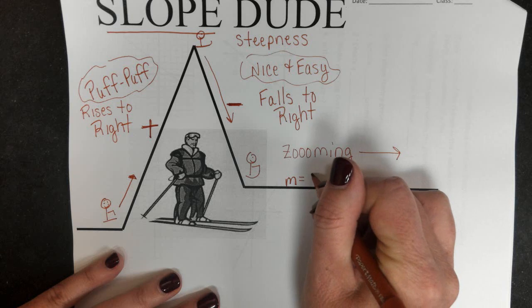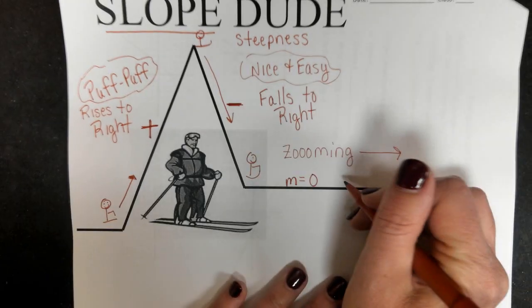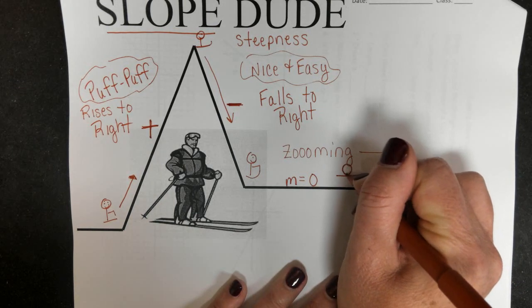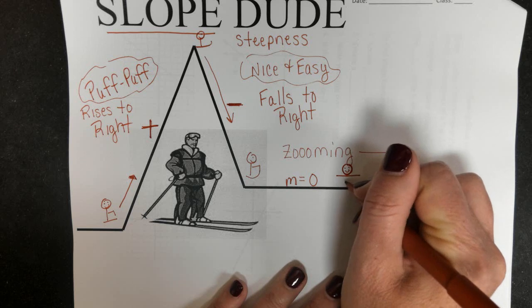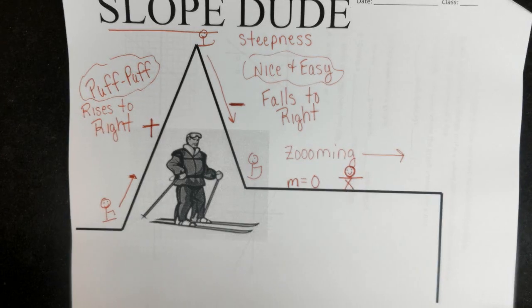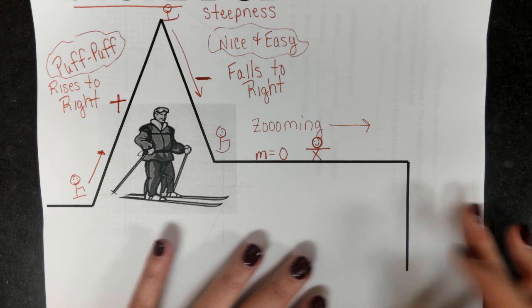We're going to talk about that. The good thing about the 0 is that I was still on my feet, so I was happy. And that's going to be important as we look at some different types of slope.